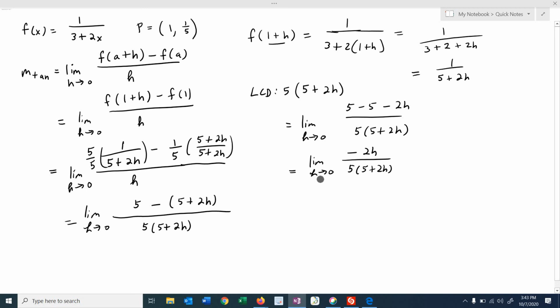Okay, so now let's try to evaluate this limit using substitution. We still have to divide this by h. This is divided by h, and this is divided by h. So I left this h off.